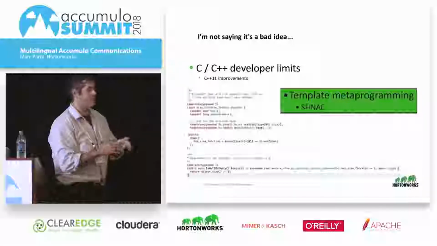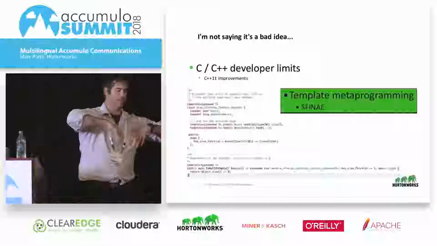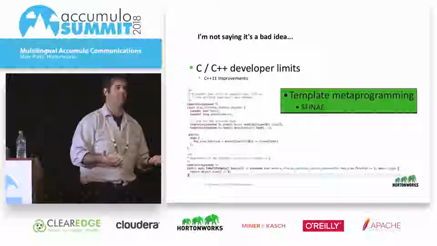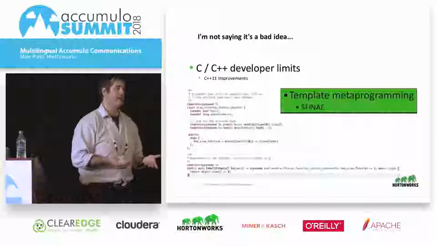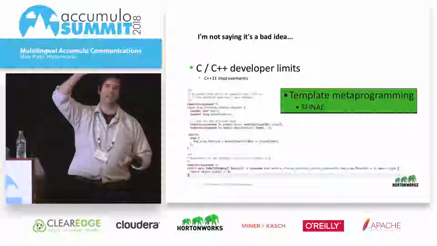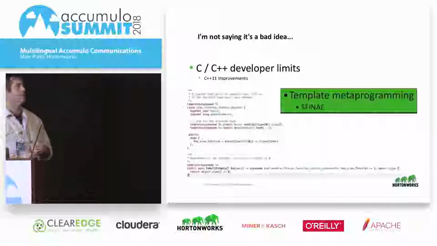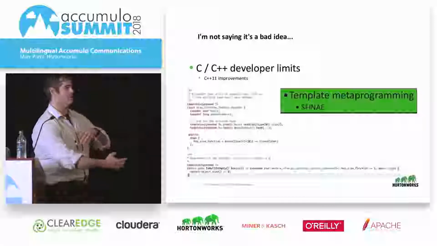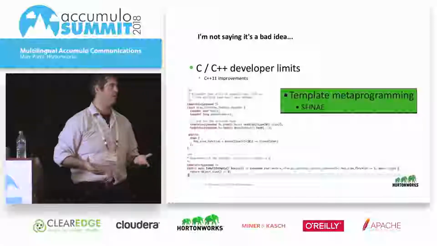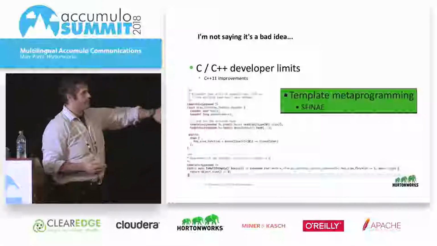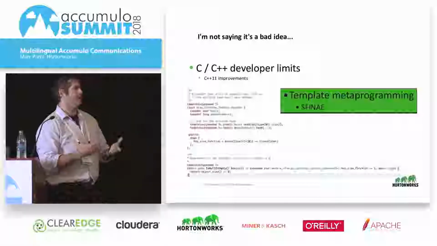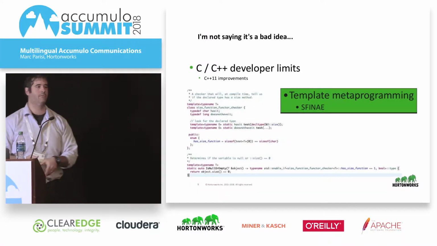Let me set the groundwork: I think using C++ generally as a client is a bad idea. The number of people who raised their hands because they knew C++ well were few in this room. And I think the community as a whole within Accumulo, if we move to something like this, we'd be unlikely to maintain it. So this is an example of template metaprogramming.